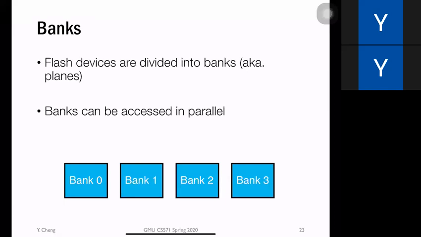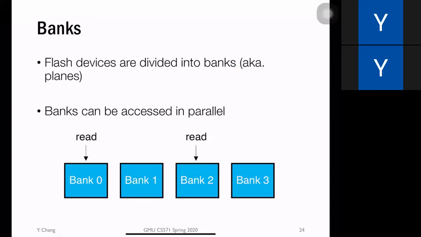This is because a flash device can be divided into multiple flash banks, or in some other literature, flash planes. In this example, it shows 4 flash banks, and these flash banks can be accessed in parallel.